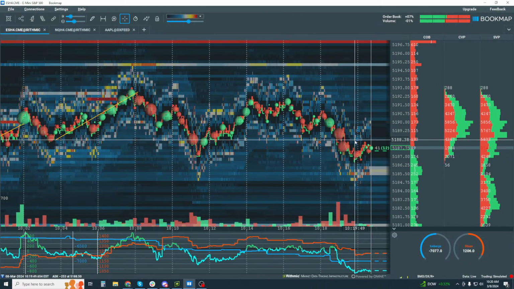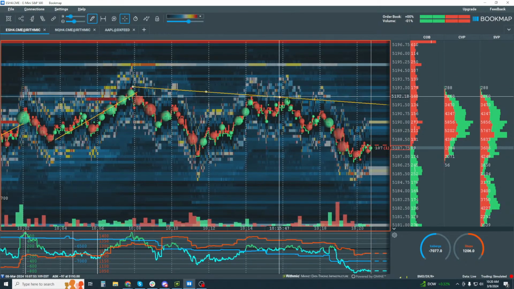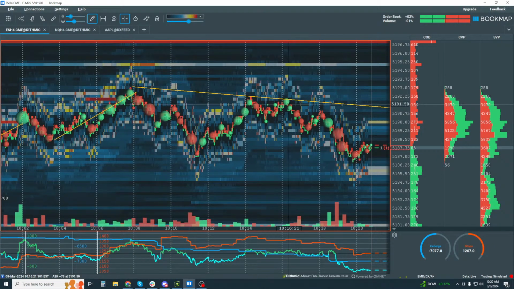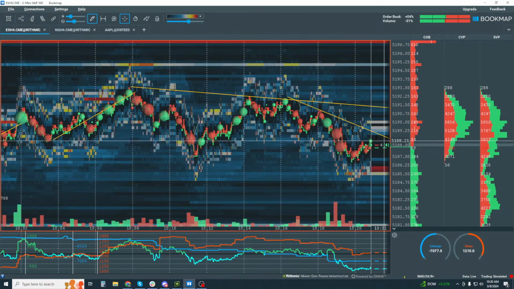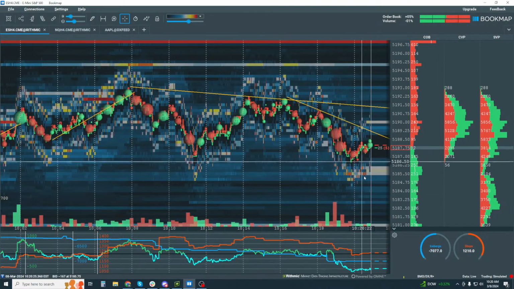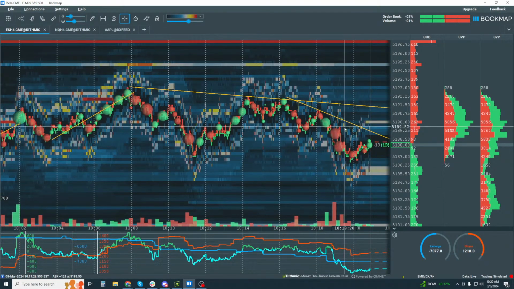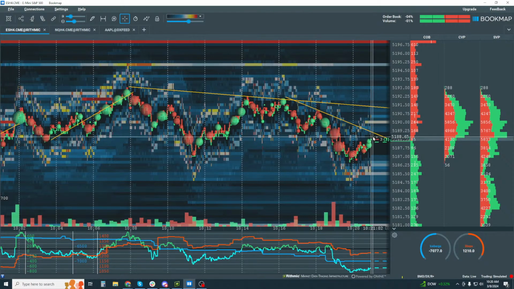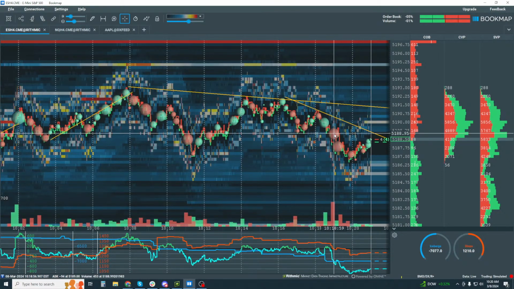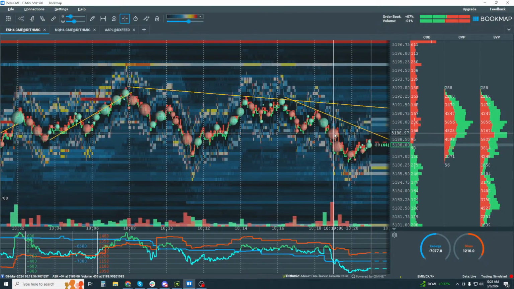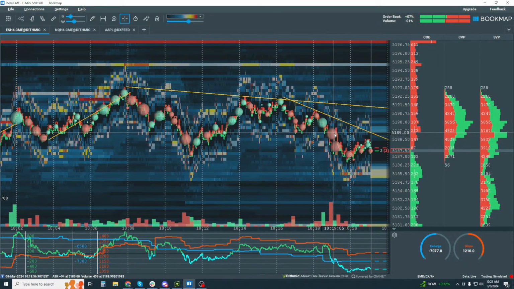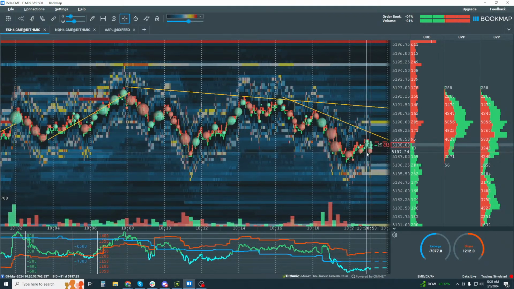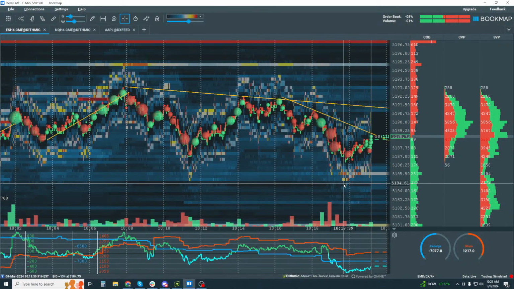But let's just mark it up. What are we looking for then for a sell side? Something like this. We're just testing that right now. Up here on this little pullback, we're looking for maybe a pullback to just about here, 89, let's call it, and then rejection, sellers coming back in and then moving lower.